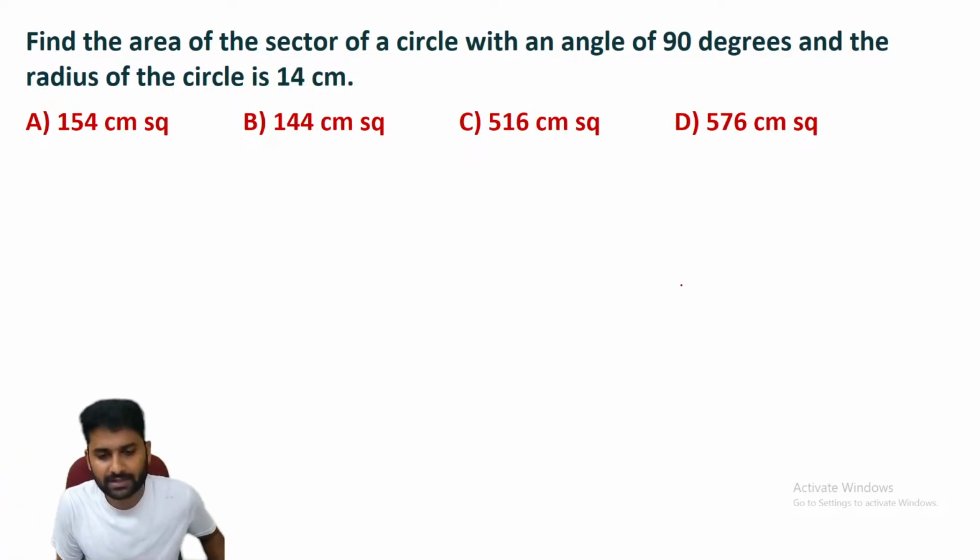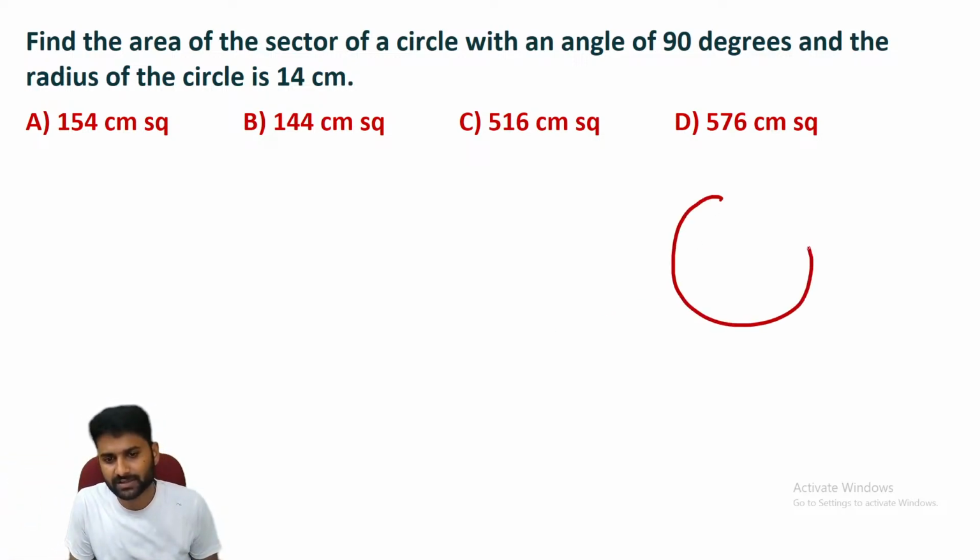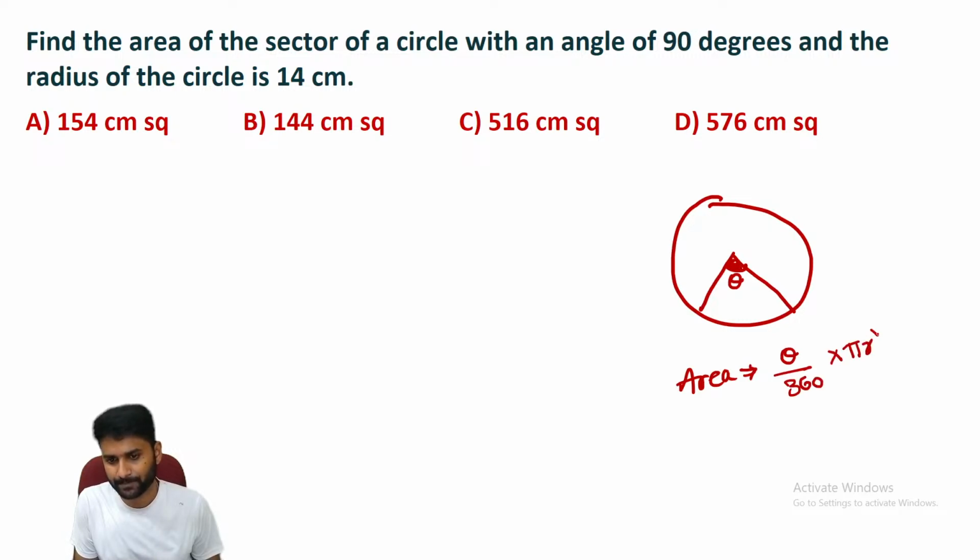See here, understand what is a sector. If you take any circle, the region between two radii is a sector. If you want the area of that sector, the area of the sector is theta by 360 into pi r square. If you want the arc length, it is theta by 360 into 2 pi r. So these are the two formulas you should know.